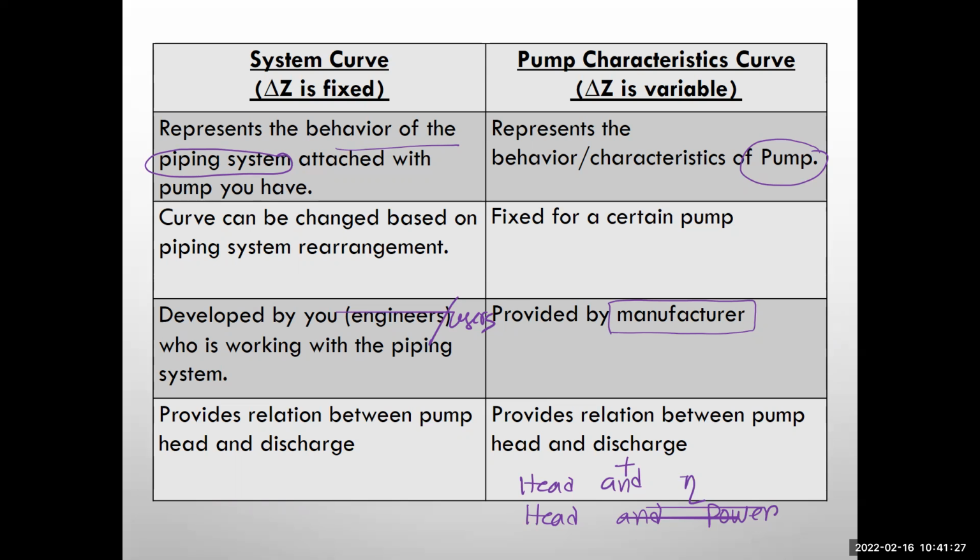But I asked you to design your own systems and you don't know what others are designing, so it should change based on whatever you have designed, right? But I told you I have a pump in the lab and recommend that every group use the same pump, and you should coordinate which group will use it when. So what do you think about the pump characteristics curve? That will be the same, right? Because you are using the same pump, but you have a different system for yourself, so the system curve will be different. Okay, great.